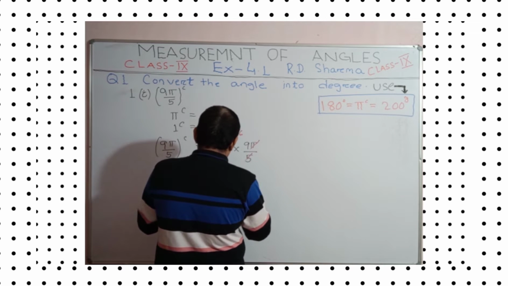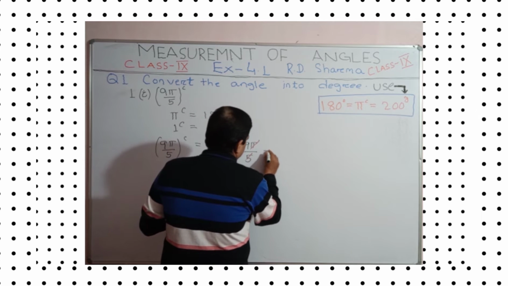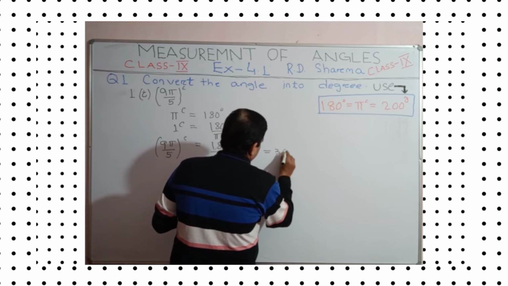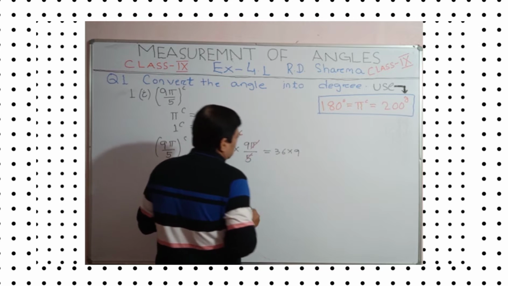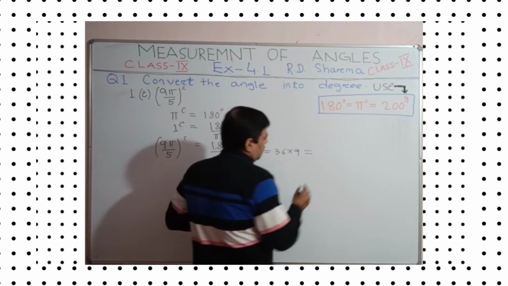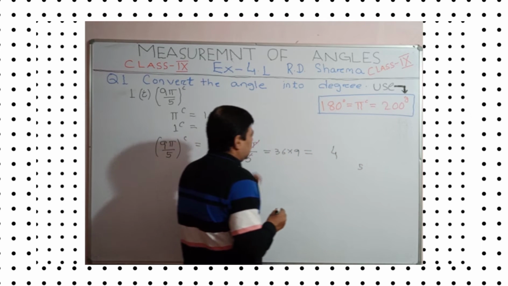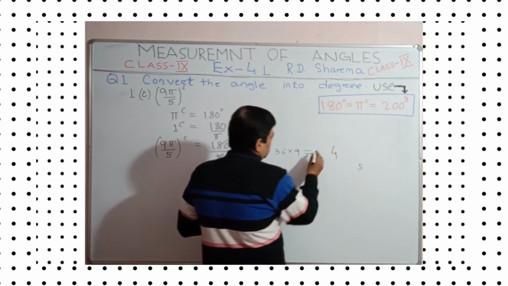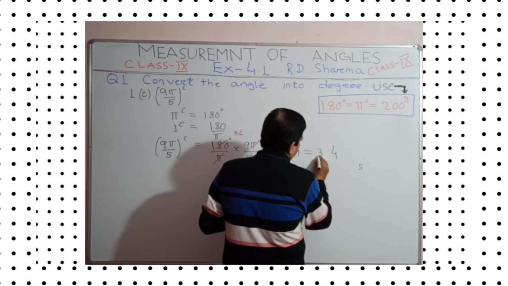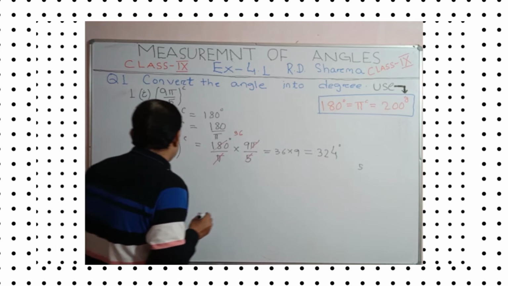And that is equal to 36 into 9. 9 6s are 54, 4 carry 5. 9 3s are 27 plus 5 is 32. So 324 degree.